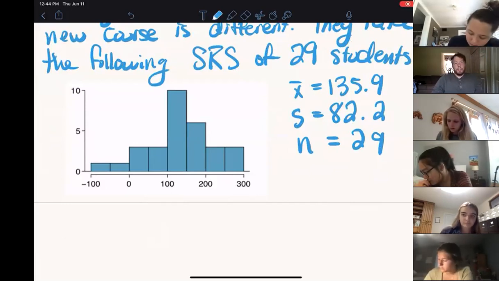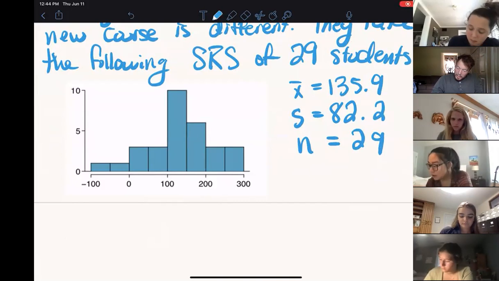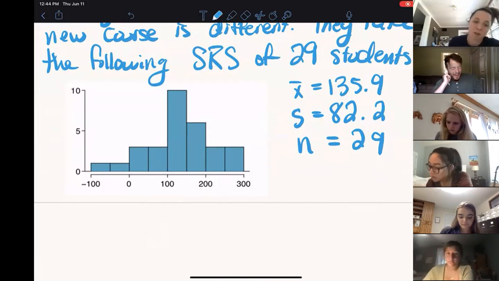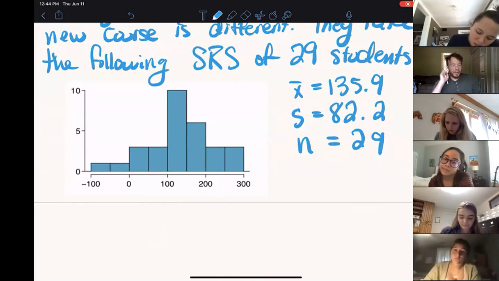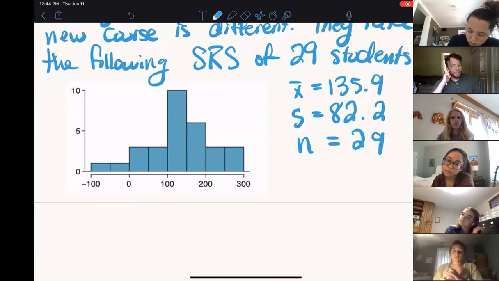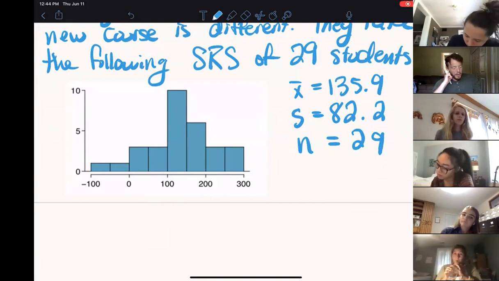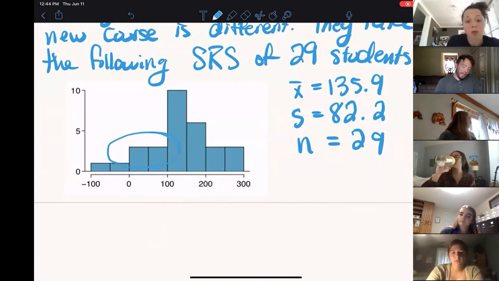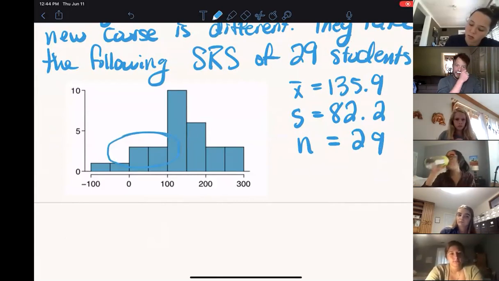The question we're going to have to tackle pretty soon is, is this sample normal? I'm on the fence here. I could see it nearly normal. I can also see it kind of skewed a little bit to the left. But usually when things are really skewed, you don't see a lot of mass right here.